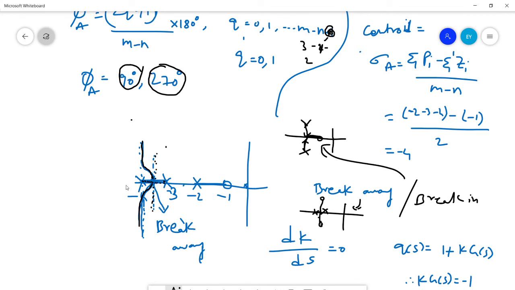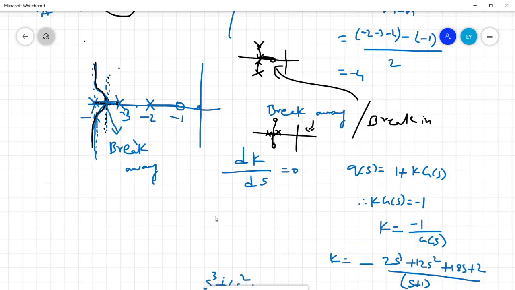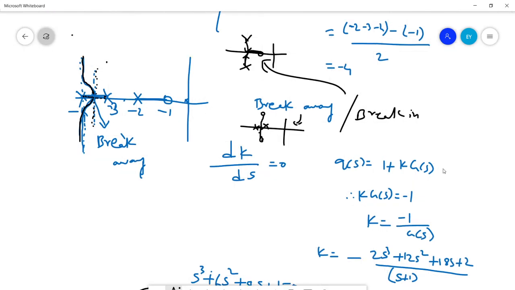In this example, what we have is two poles. That means the poles tend towards zero, right? Therefore, we have a breakaway point. How to calculate it: take dK by ds equal to 0. How do we get this? From the characteristic equation we know 1 plus K G(s)H(s) is equal to 0. H(s) is 1 for unity feedback, and the leftover terms give K G(s) equal to minus 1.